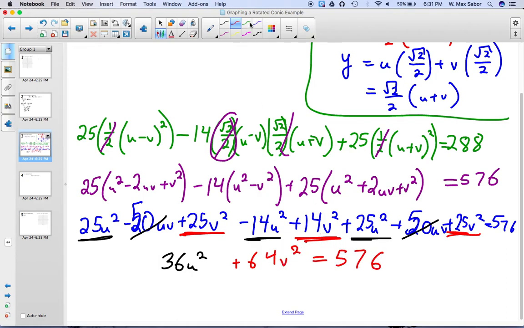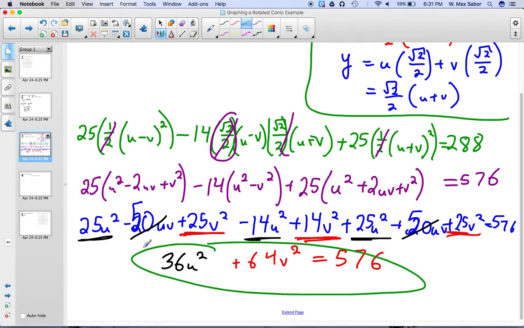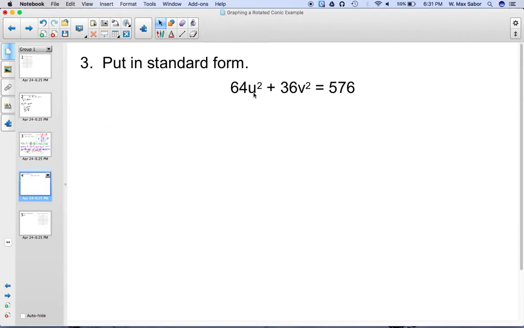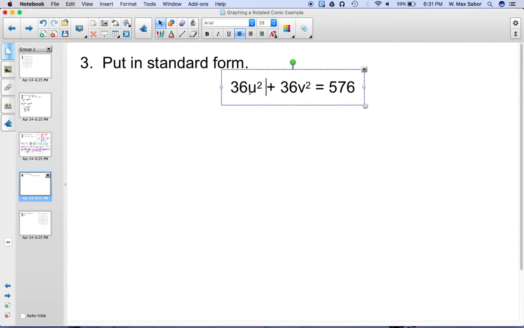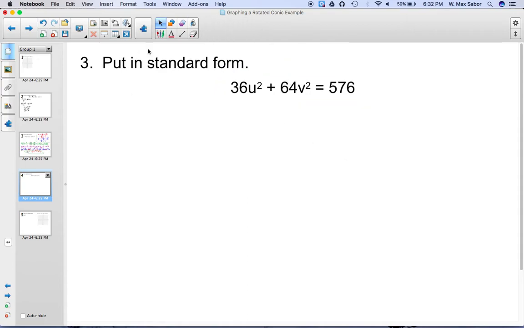And now this is what we're going to use. Now we have rotated it, now we need to put that in standard form. I actually realized I just typed this out wrong. This is 36 and this is 64. So let's put this in standard form. We need to divide everything by 576.